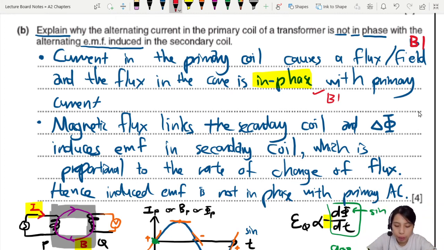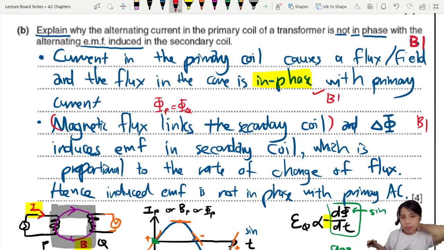Secondary coil, if you talk about the magnetic flux linking both coils together, that is this one right here. No space to write, so I'll just write here at the side. That's important because it is saying that your primary flux and the secondary coil, secondary flux is the same because they are linked together. Okay. And when there's a change in flux, what happens? We talk about the rate of change.